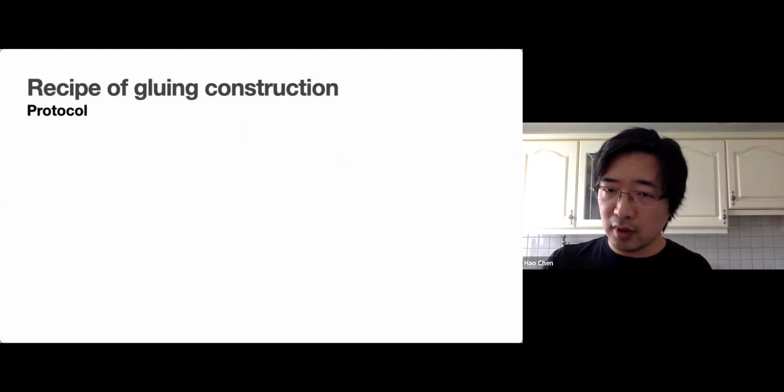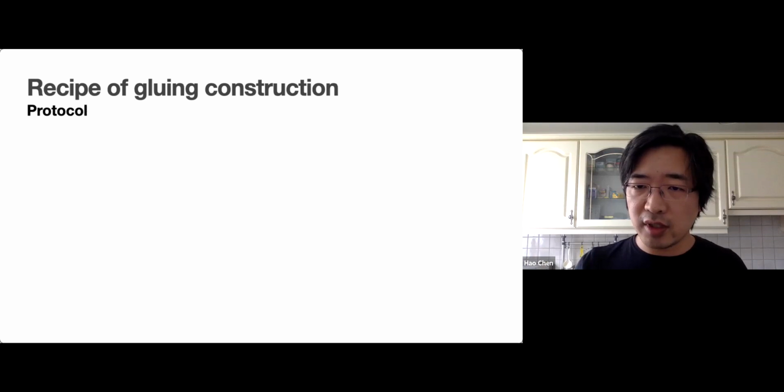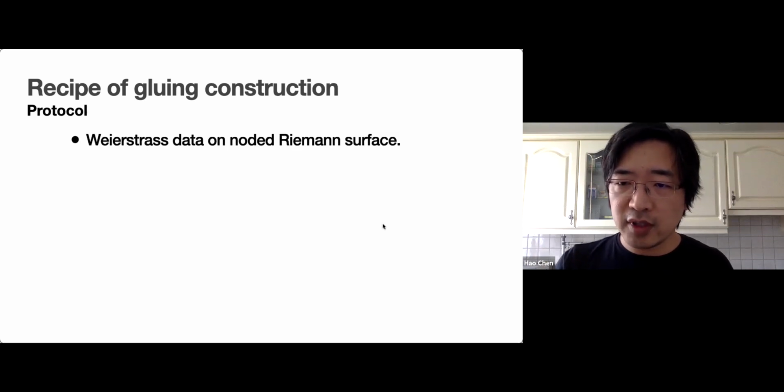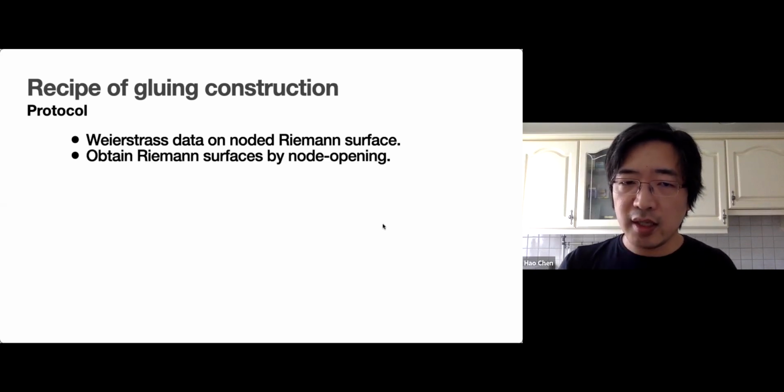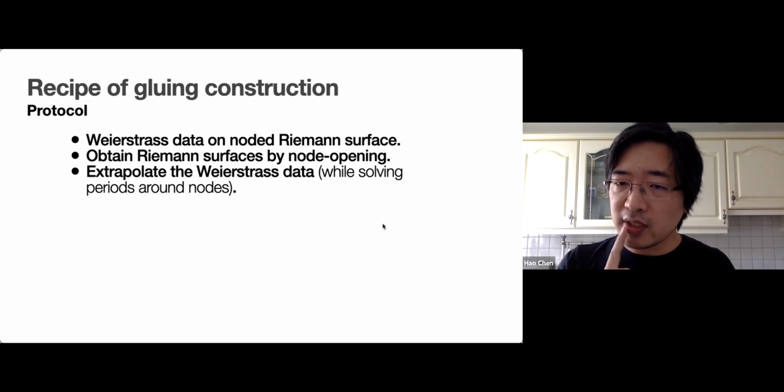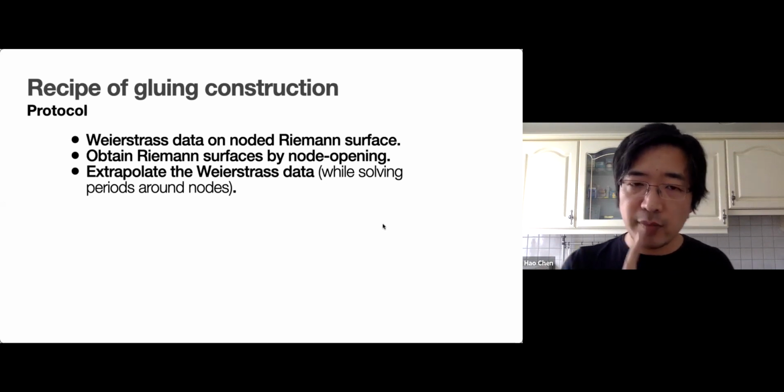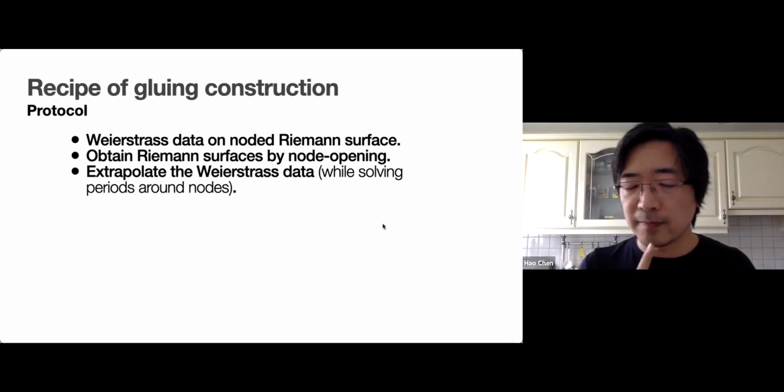So the protocol of the gluing construction is this. You first define Weierstrass data on the noded Riemann surface, then you open the nodes, and at the same time, you extrapolate the Weierstrass data to the Riemann surface after the node opening.